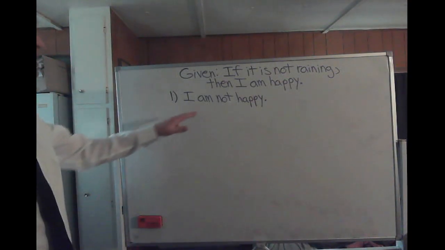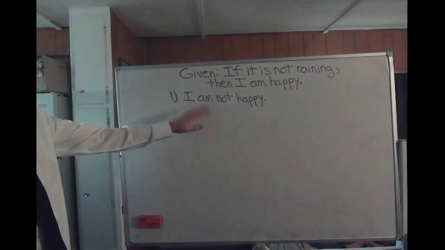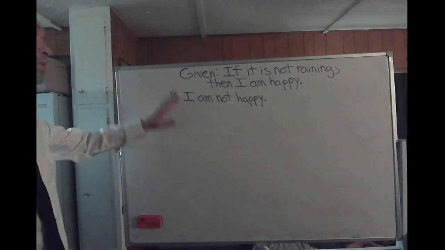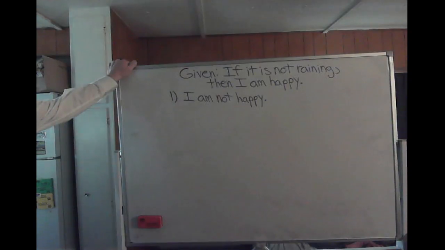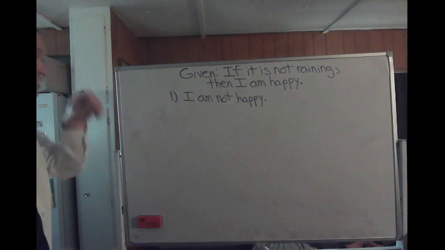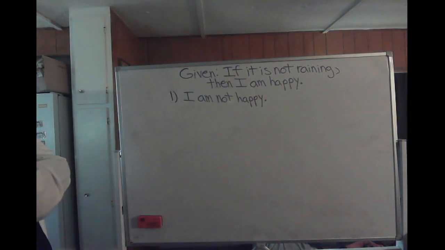Alright, so they give you an additional statement with this. I am not happy. What conclusion can we reach, if any? Well, in this case, looking at it, if it's not raining, then I am happy. I am not happy, but here's the problem.